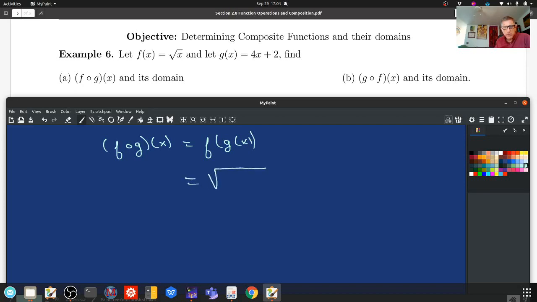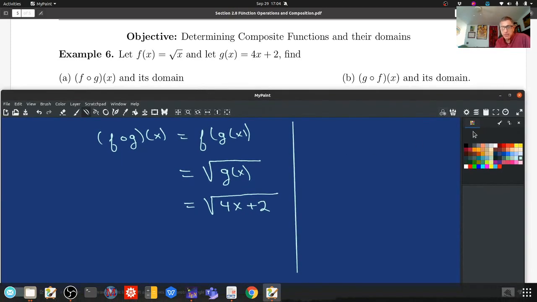It's the square root. And what am I square rooting? I'm square rooting g of x. So I write underneath here 4x plus 2. But that's not where you want to get your domain necessarily, because remember, you're taking domain elements out of g. So coming over here, I don't know any easier way to find the domain other than what I just did. And that's how the book does it too.